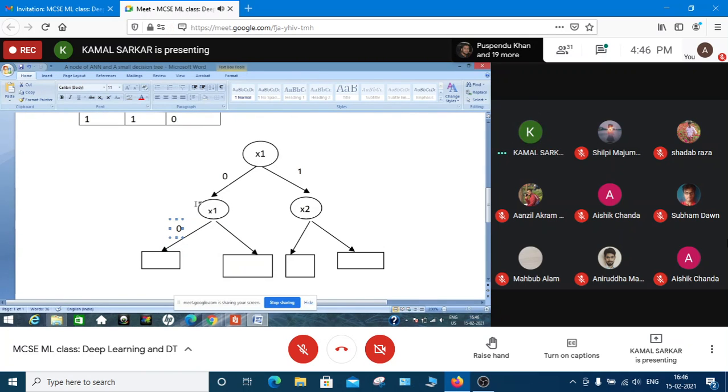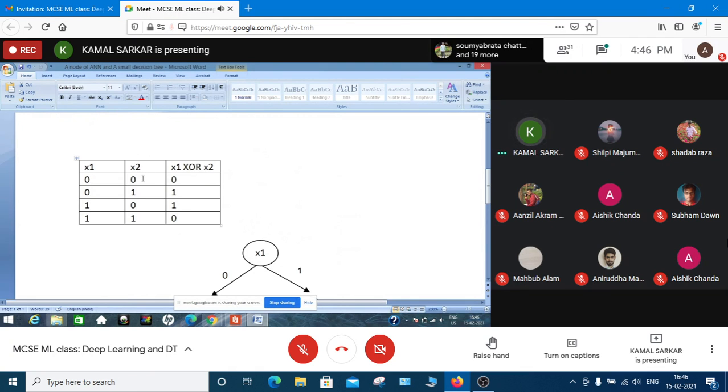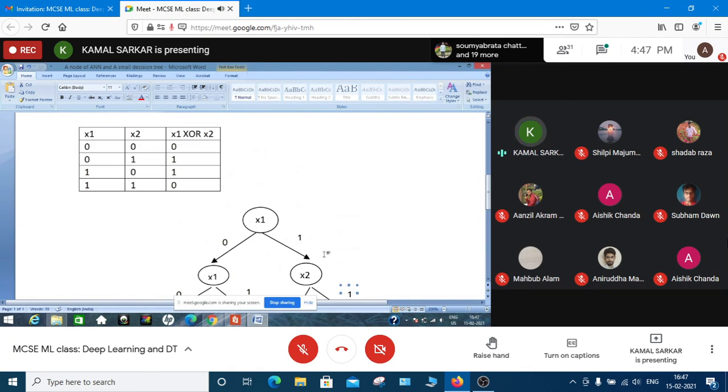These nodes are the attributes and the branches are the values. Here all attributes are binary, all are Boolean attributes. So two branches are created because x1 can take either 0 or 1, and x2 can take 0 or 1. How many branches will be created depends on the values of the attributes.